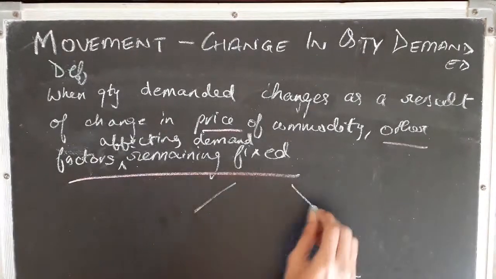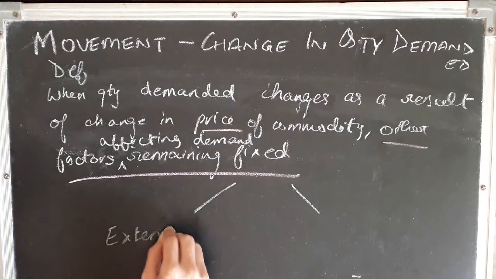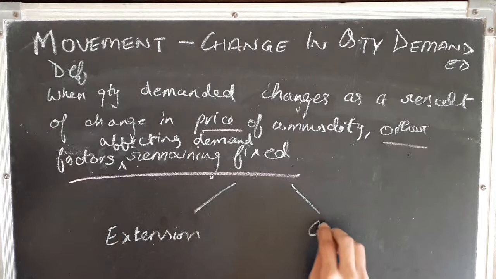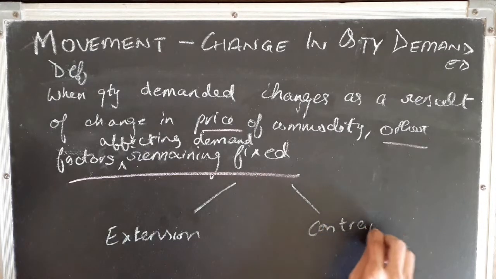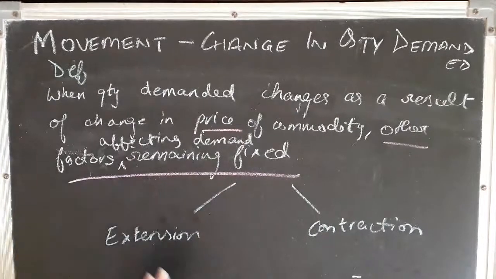It is of two types. The first one is extension and the second one is contraction. Now, what do we mean by extension of demand and contraction of demand? As the word suggests, in extension of demand, the quantity demanded of the commodity increases.